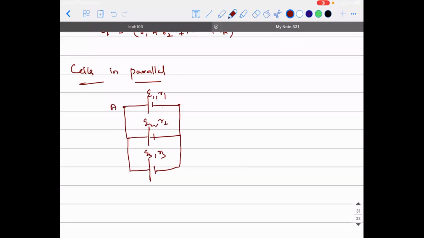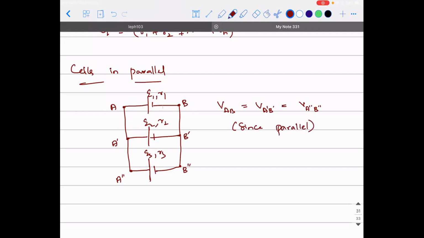If I take this point as AB, A dash, B dash, A double dash, B double dash, what can I say about VAB, VA dash, B dash, and VA double dash, B double dash? All the three are same since they are connected in parallel.